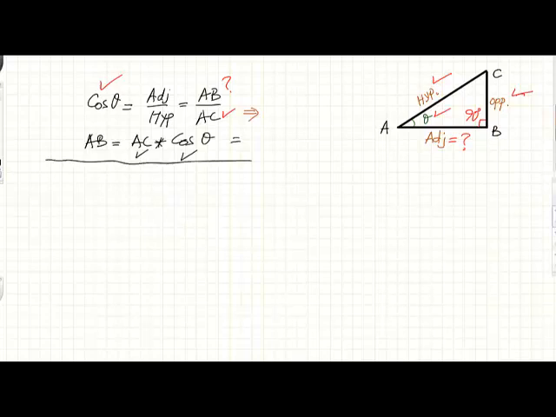That is for the case where the adjacent is unknown, and we'll try when the opposite is unknown, just for the sake of demonstration. So again, if the opposite is unknown, this is known and this is known, and of course the angle is also known.